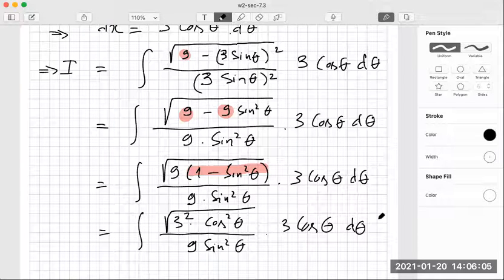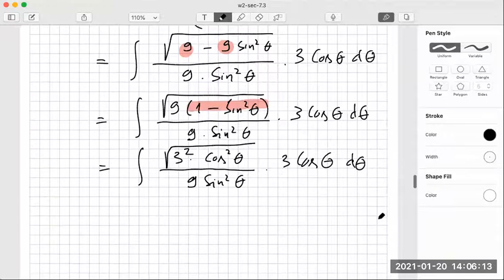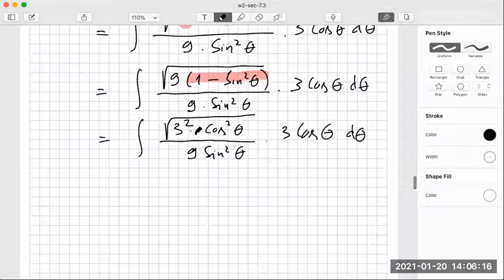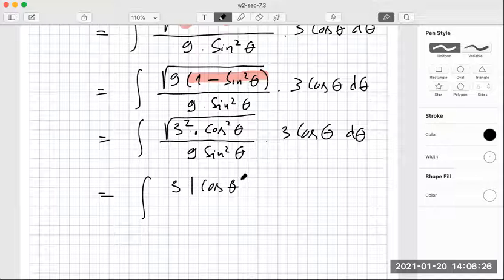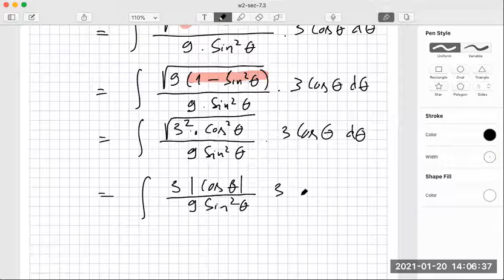So the product rule and radical sign tell us that this would be 3, yes, absolute value of cosine theta, 9 sine square theta, 3 cosine theta d theta, right?